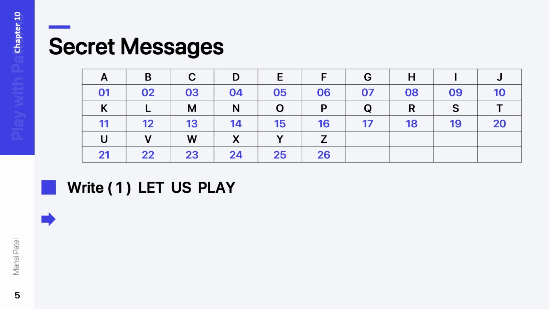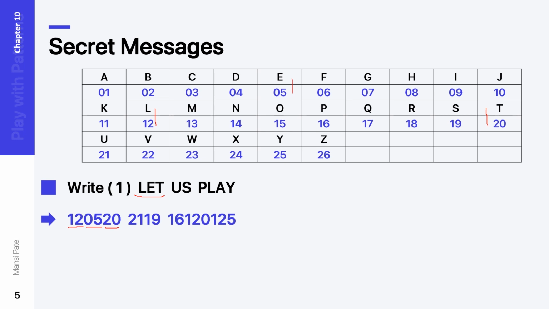It's 12. So instead of L, you just write 12. E indicates number 5, so write 05. T indicates number 20, so write 20. So these numbers indicate the word LET.